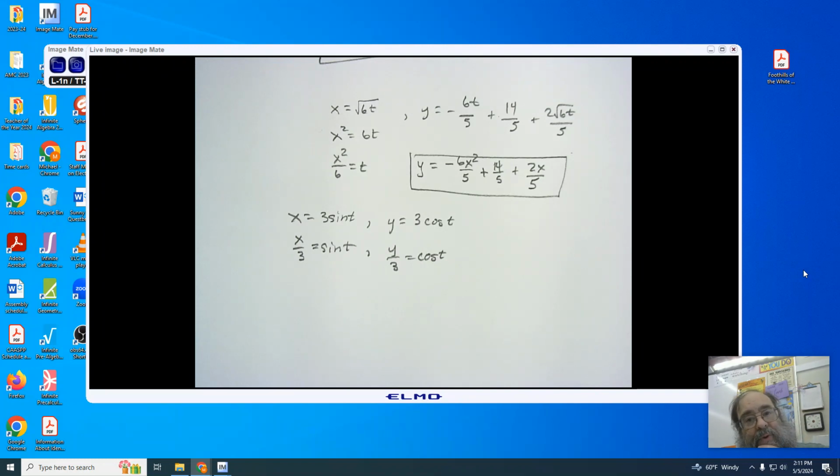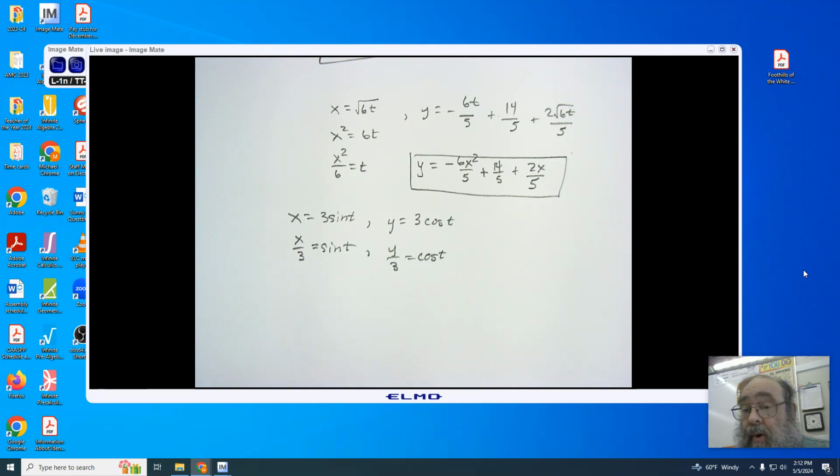Now, if only there was a formula that had sine in it and cosine in it that related them together in some type of theorem, some type of right triangle relationship. Doggone it, what could it be? Could it be the Pythagorean theorem?